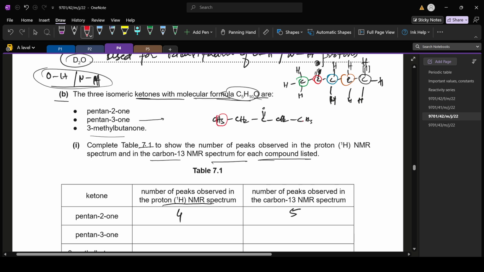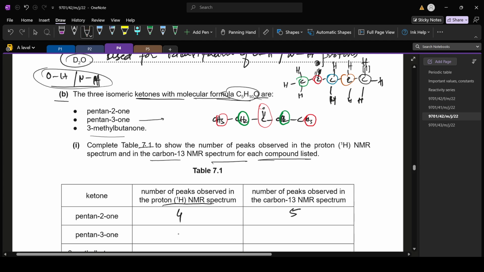These hydrogens and these hydrogens have the same environment, because the carbonyl group is attached in the center. So these six hydrogens will have the same environment, and then these four hydrogens have the same environment, so only two peaks will be shown over here.